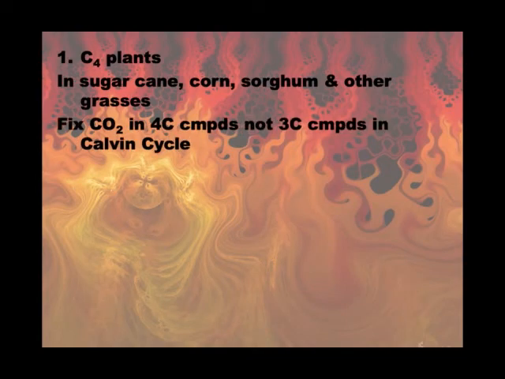So what C4 plants do is, remember back in the Calvin cycle, the carbon dioxide is fixed into 3-carbon compounds. Well, now they're going to fix the carbon dioxide into a 4-carbon compound. And what that does is reduce the need for as much carbon dioxide as the regular Calvin cycle.